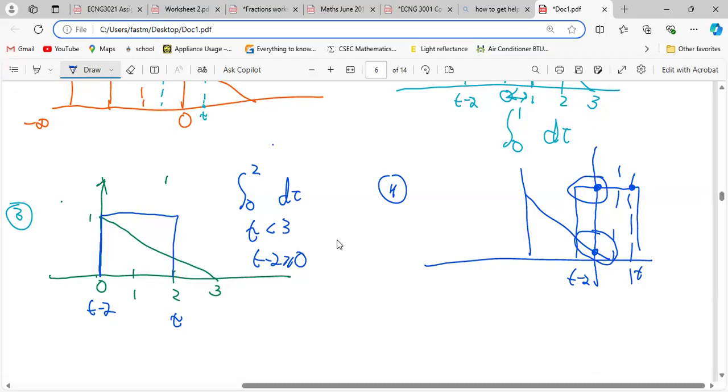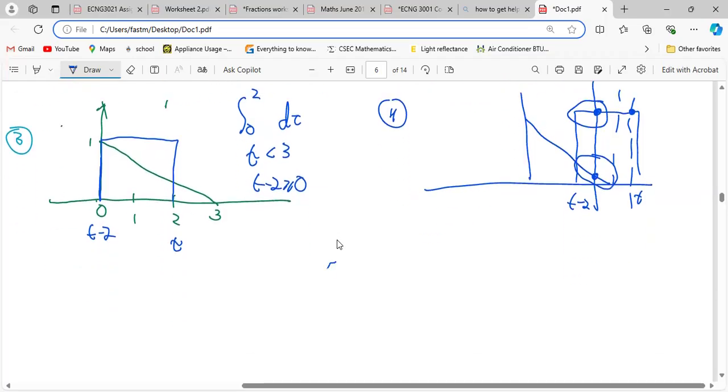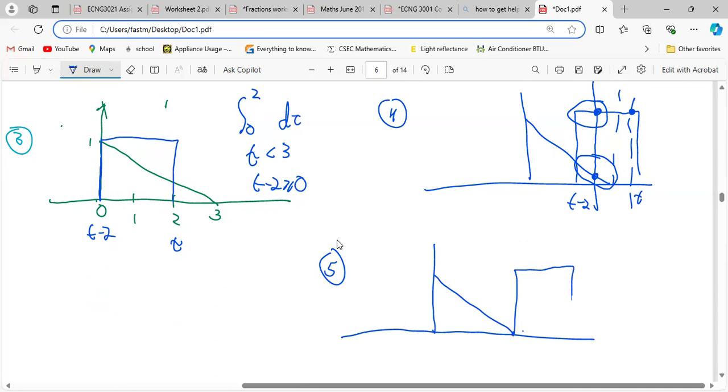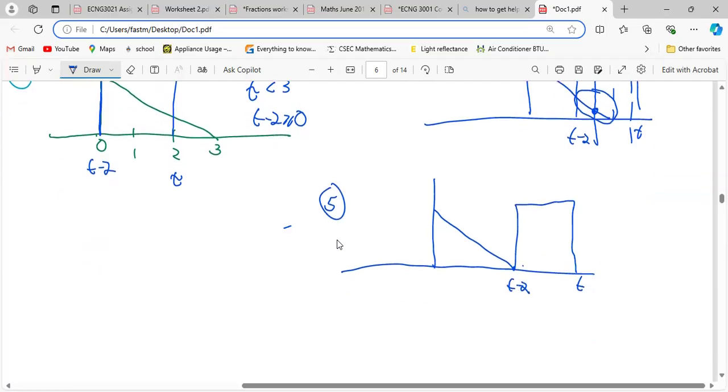Right? And the last region will be when it completely passes the shape. So when starting from right here, the non-overlapping will start. So in this case, t is less than or equal to positive infinity, and t minus 2 is more than 3.